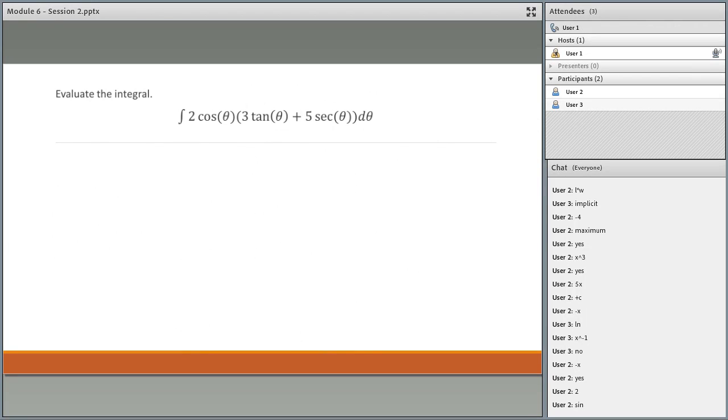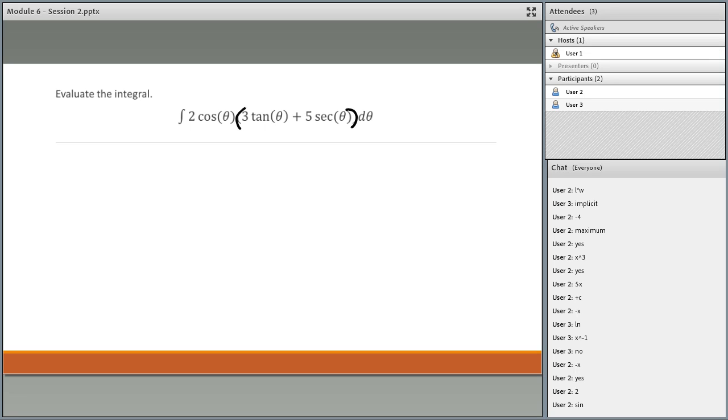I want us to take the integral of 2 cosine theta times 3 tangent theta plus 5 secant theta d theta. So this 2 cosine theta is being multiplied by this entire term. And unfortunately, we can't take the integral of each term separately unless they're being added together.